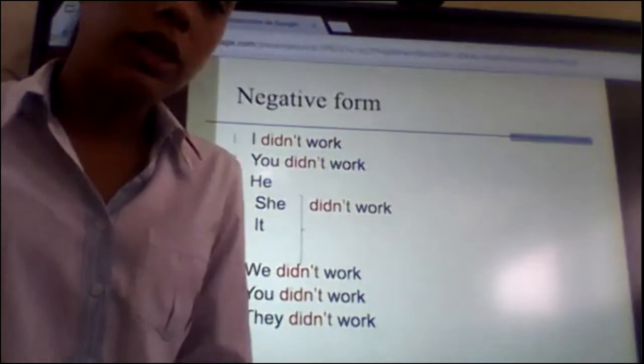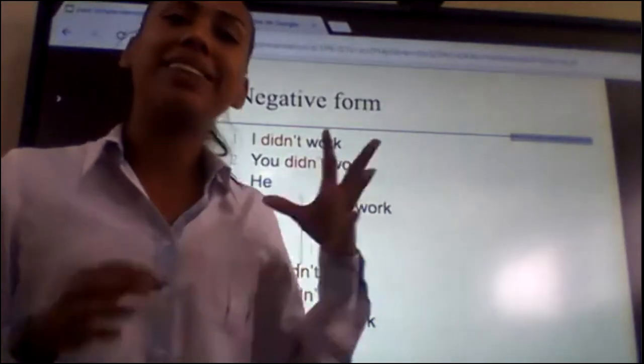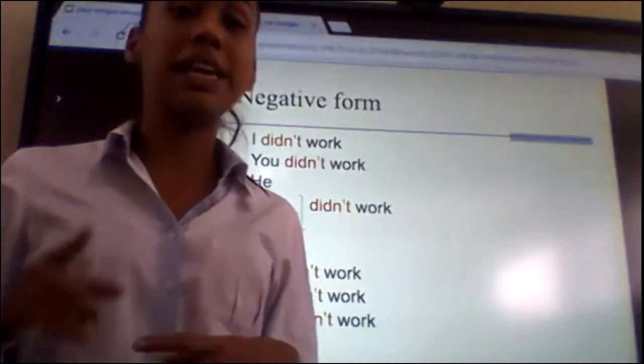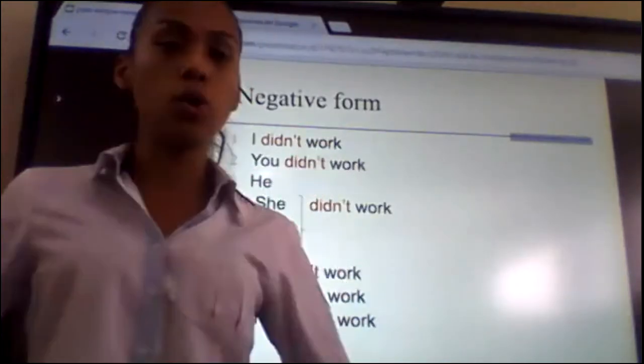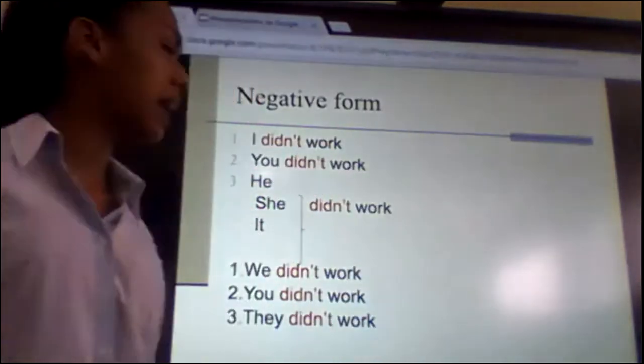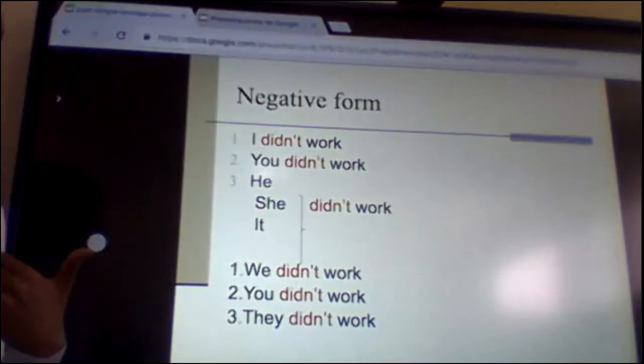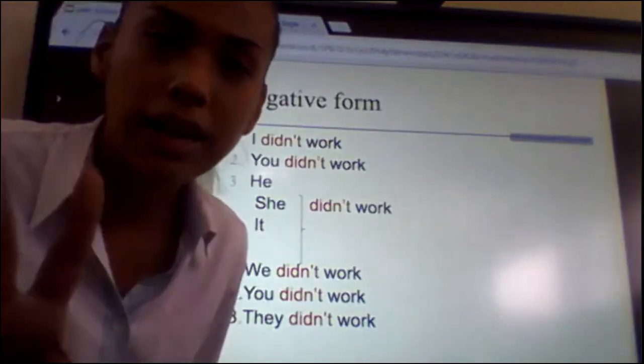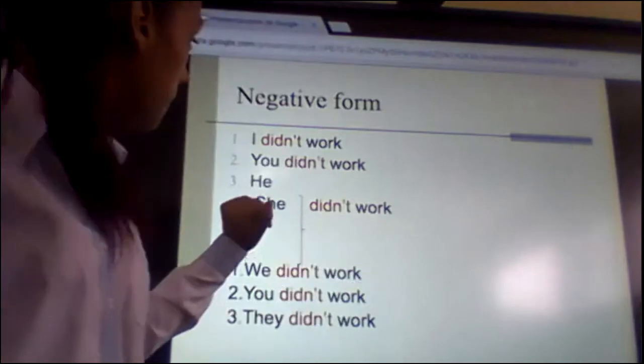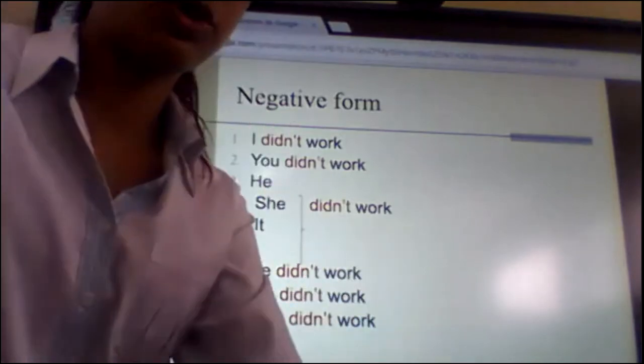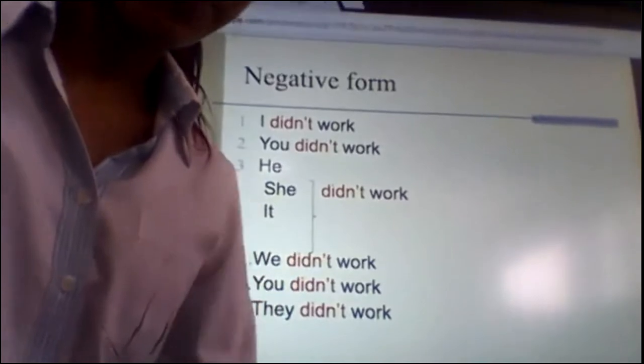Main difference with irregular verbs, we only add ed with regulars. Irregulars are totally different, okay? And that will be the main thing we are going to check today. Still, guys, I'm going to share this presentation with you, so don't be stressed that much, okay?